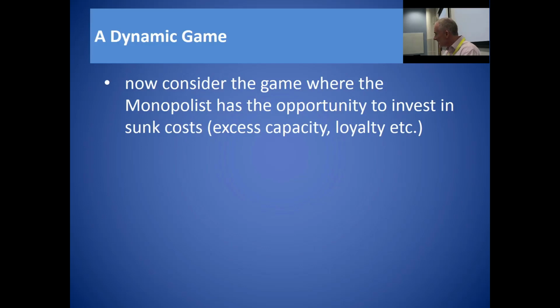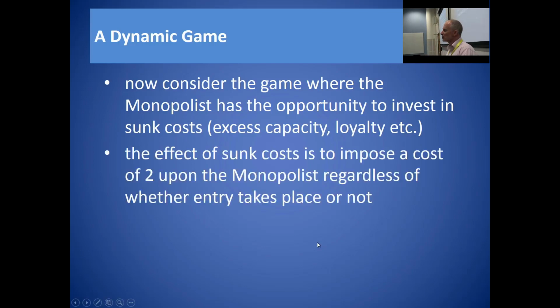The monopolist cannot get this back. So there's a possibility, if the monopolist wants to deter market entry, it can invest in sunk costs by, as I said, excess capacity, building up brand loyalty through a heavy advertising scheme, whatever. So that's the possibility.